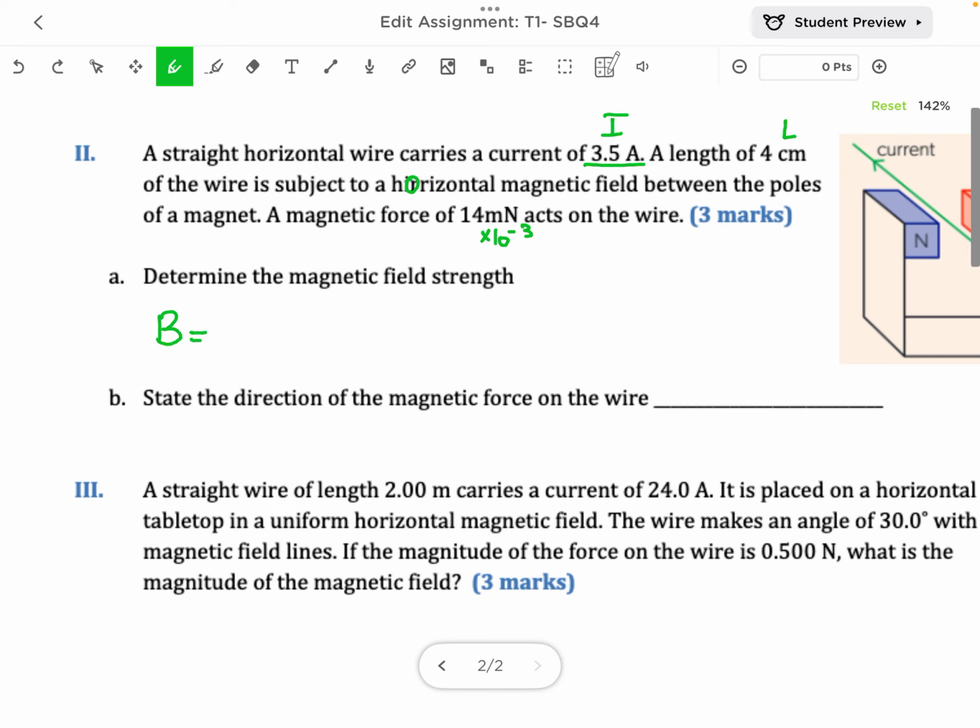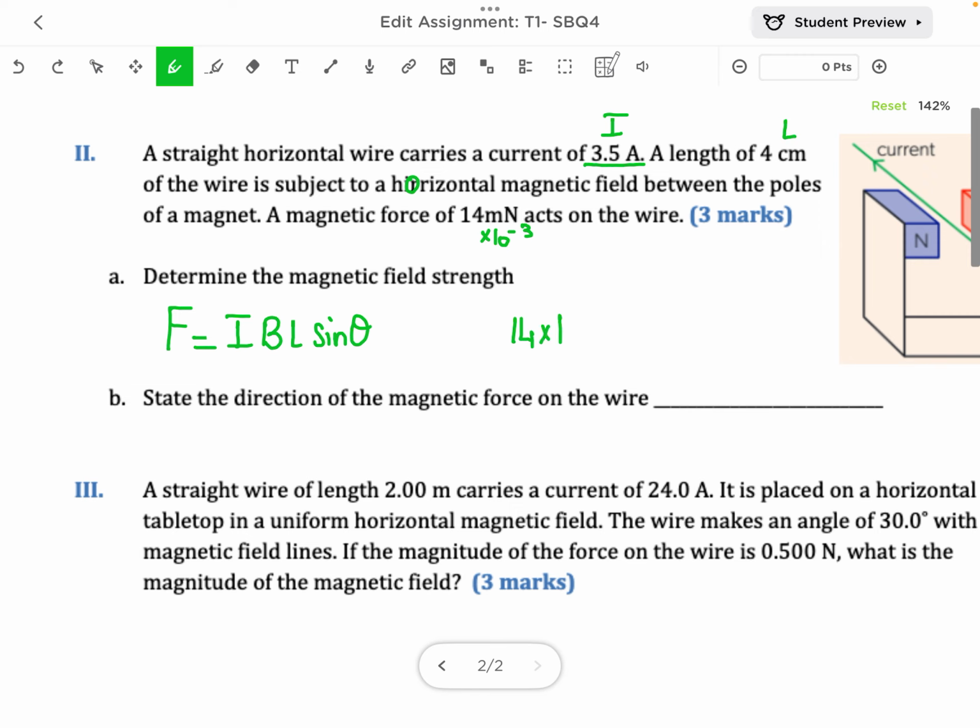B equals to, how is it? B equals or F equals? F equals I B L sine of theta.